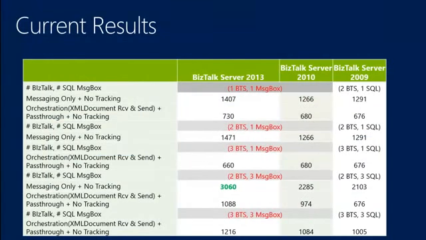And this is a quick peek in terms of some of the results which you have seen so far. As you can see in the slide, you have data across BizTalk Server 2013, BizTalk Server 2010, and BizTalk Server 2009. And these are messaging only scenarios, or data with orchestrations or without orchestrations, etc. And as you see, the general theme of this whole thing is from 2009 to 2010, there were some improvements.